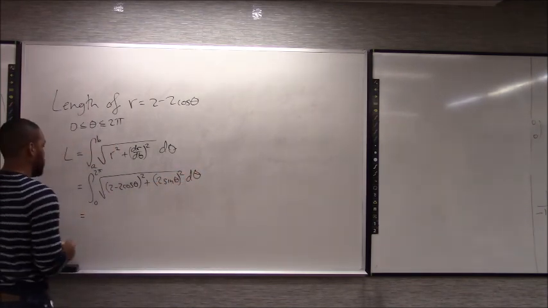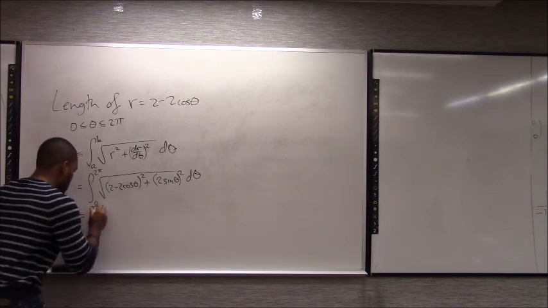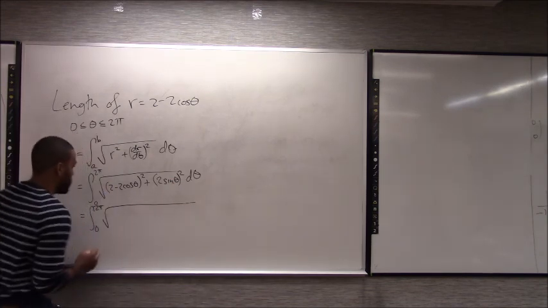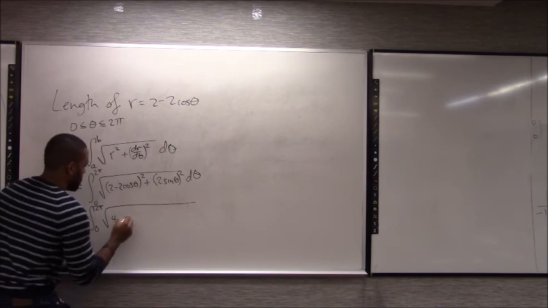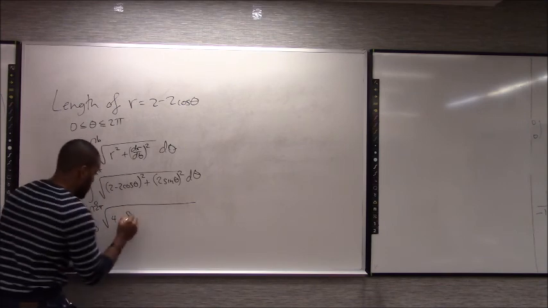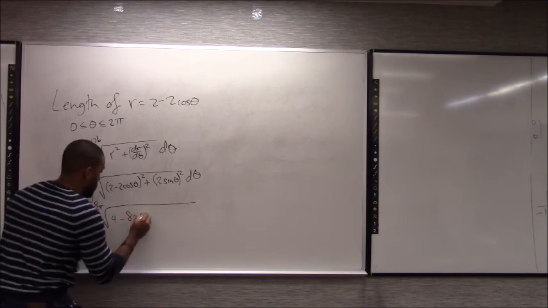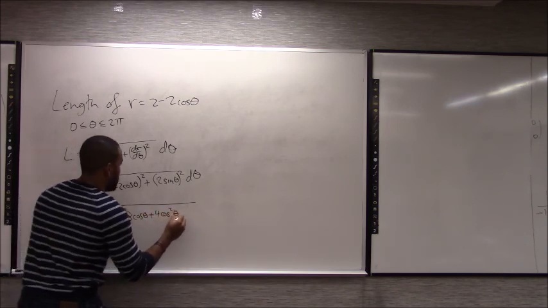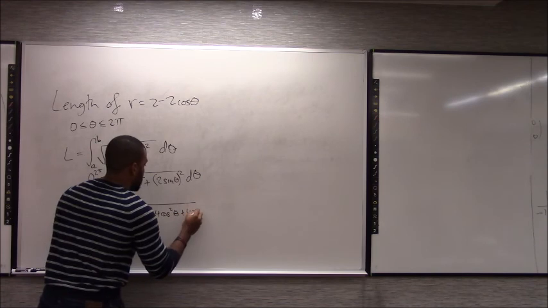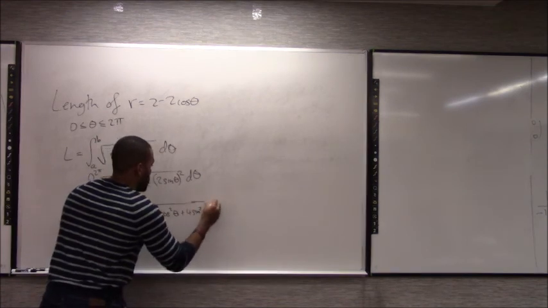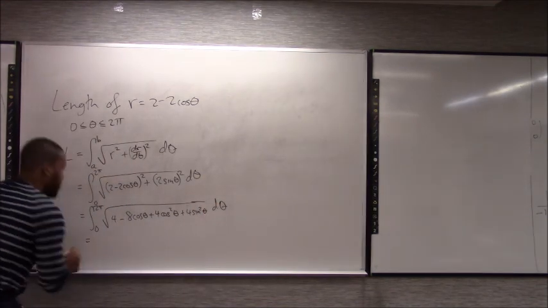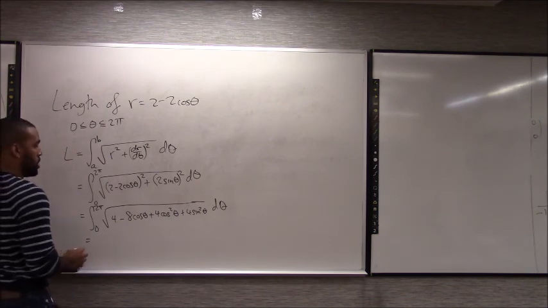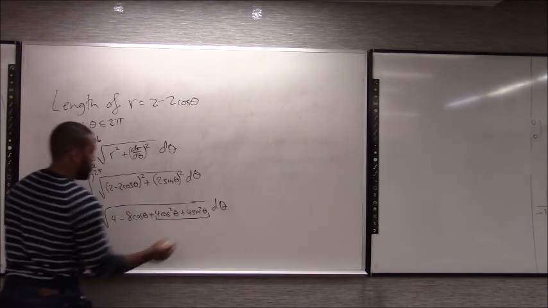So what are we going to have here? It says 0 to 2 pi, the radical of 4 minus 8 cosine theta plus 4 cosine squared theta plus 4 sine squared theta, d theta. So this is going to be 4, right?